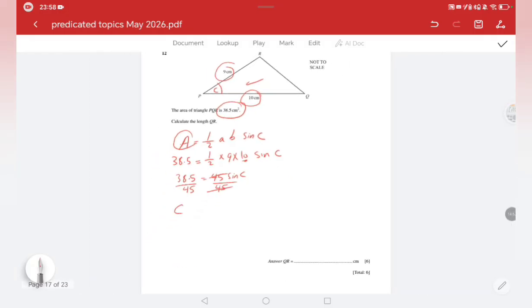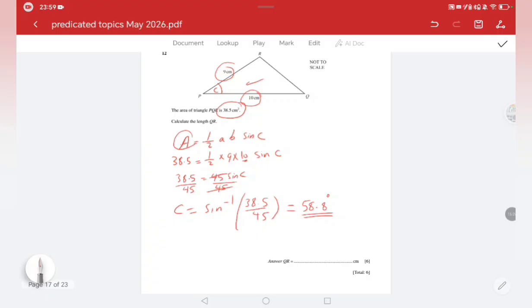So you can say now that C is sine inverse of this fraction, sine inverse of 38.5 divided by 45. So the answer is 58.8 degrees.